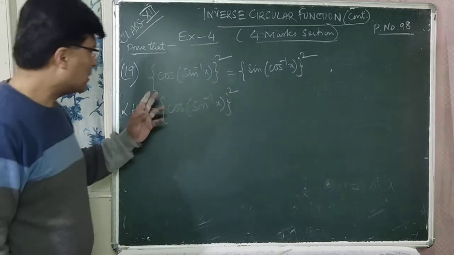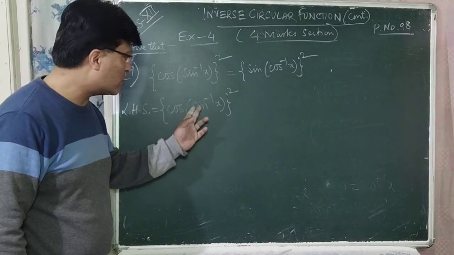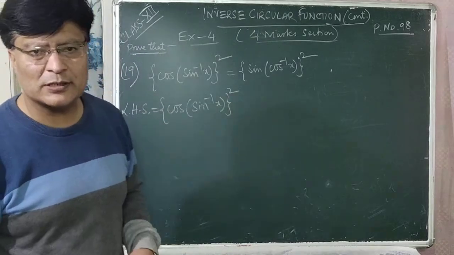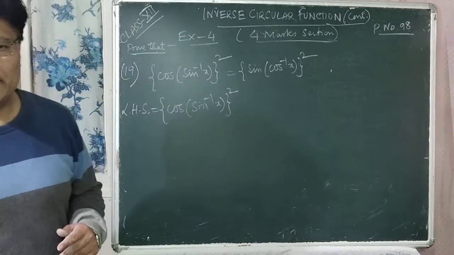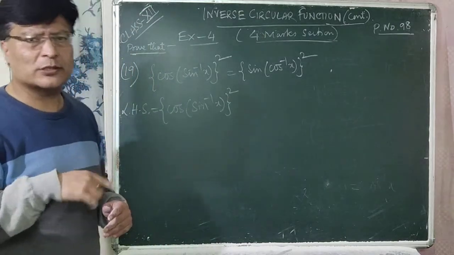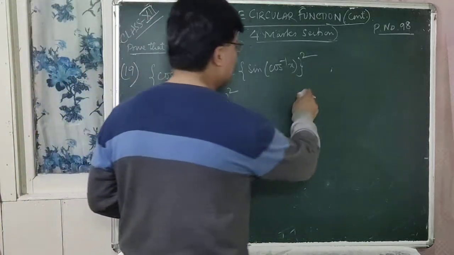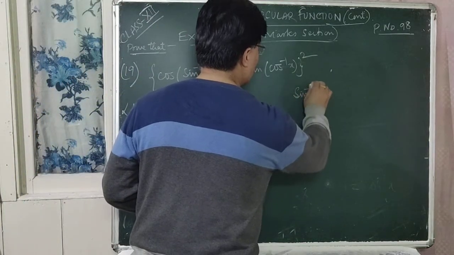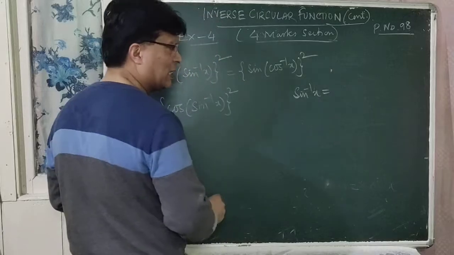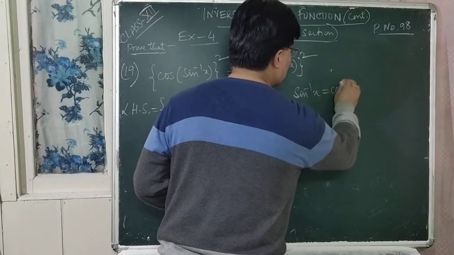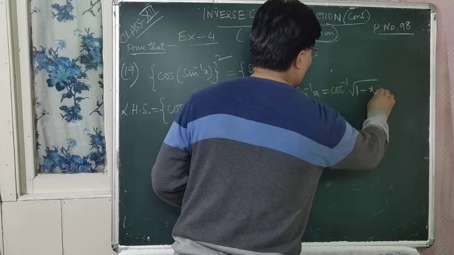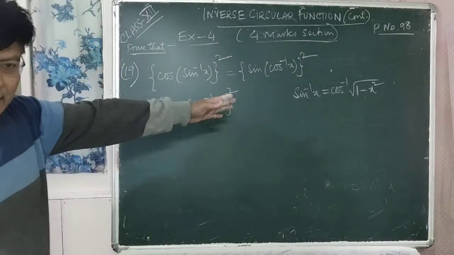Now since this is cos, you can convert this sin inverse x into cos inverse. Just now we did some problem in which sin inverse x was converted into cos inverse, isn't it? So you know the formula, directly you can write it down.